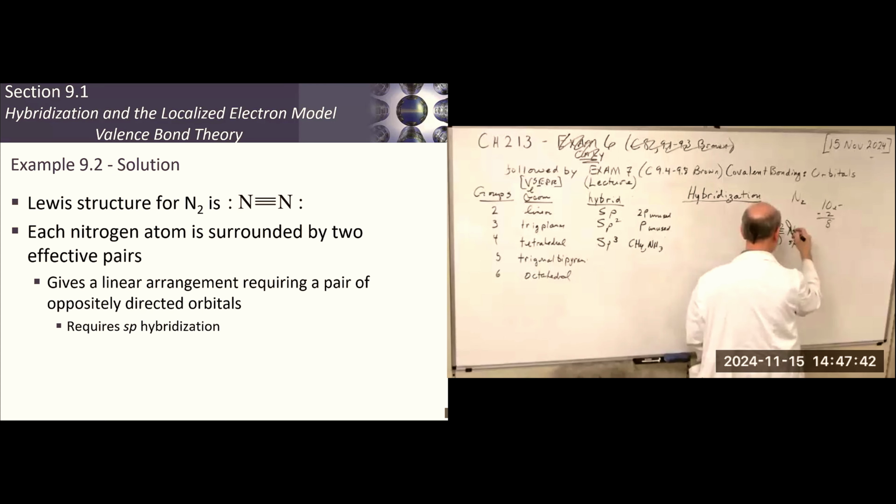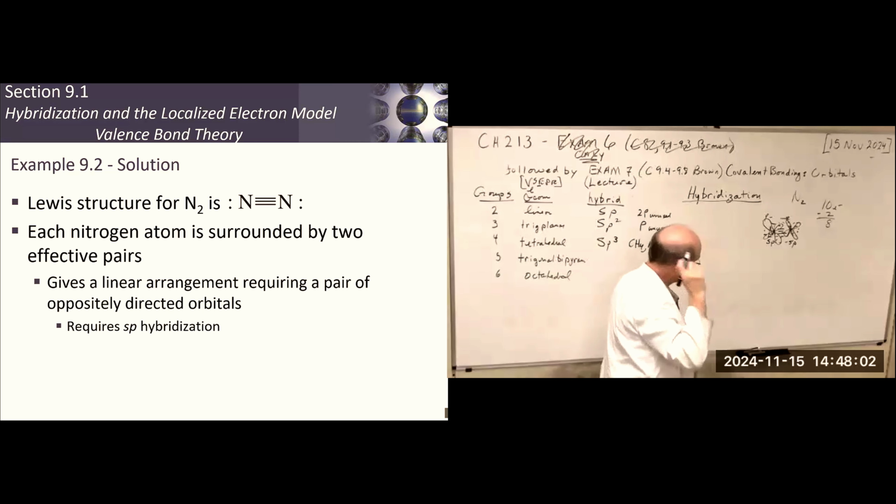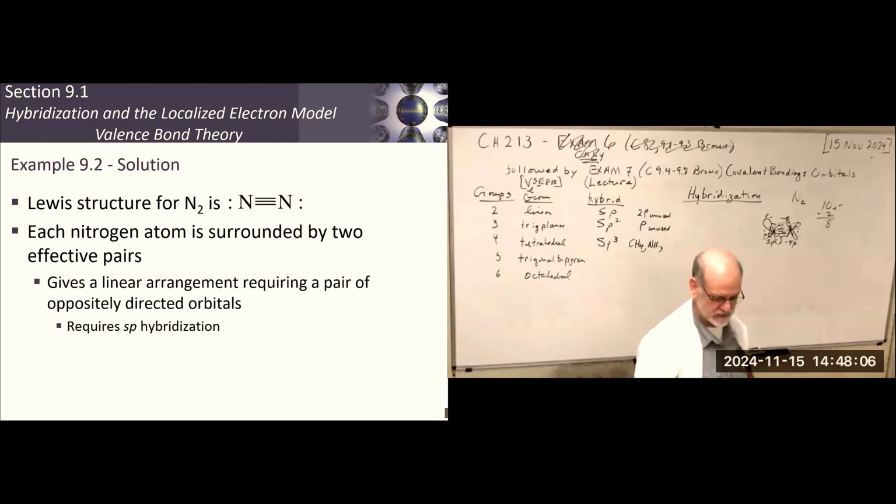Same over here. And there's your p orbitals. And we would get an overlap for this one pi bond, and we get an overlap for this one. So we have one sigma and two pi's for dinitrogen.